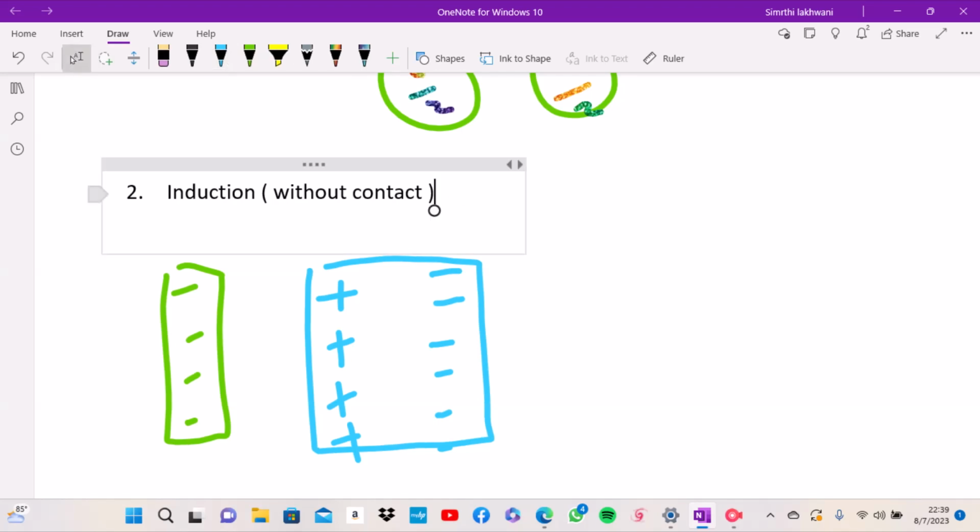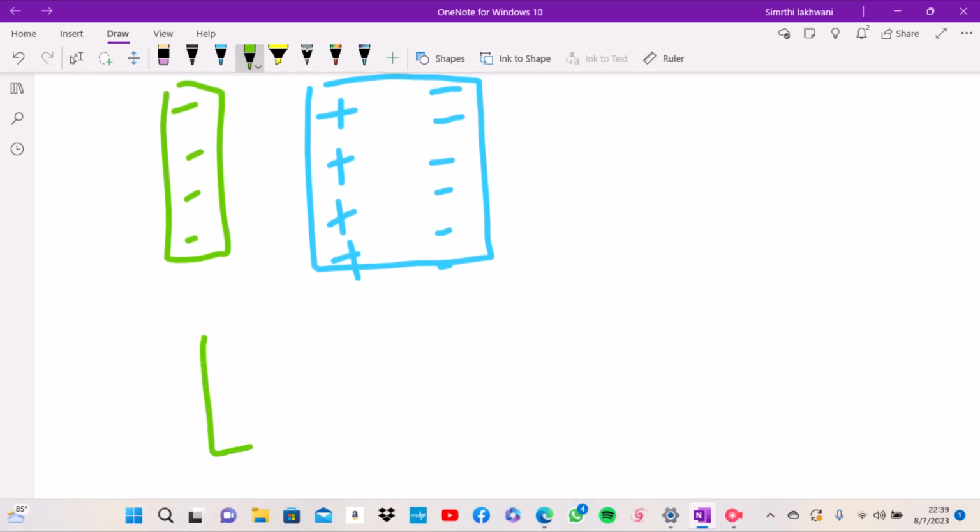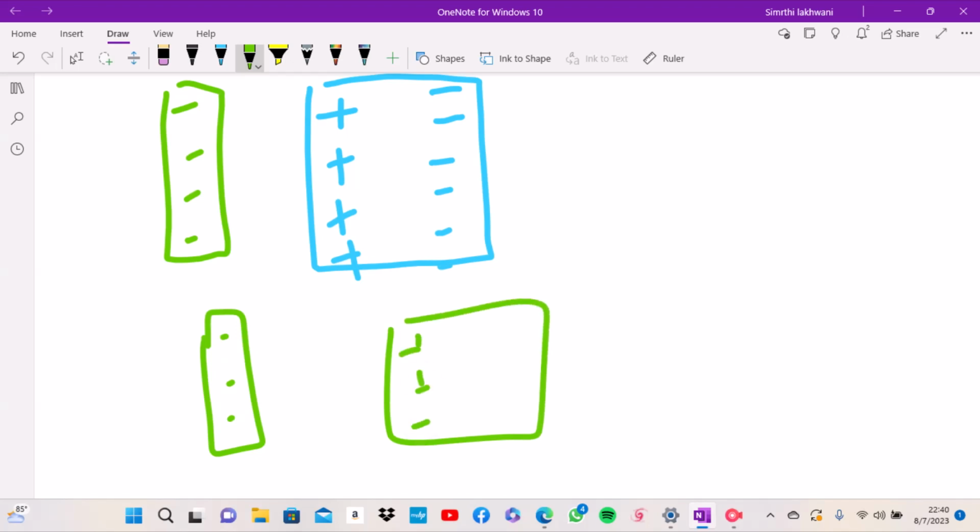These should be conductors. It must be remembered that they should be conductors. Now consider that we are placing another body. This is negative, this is the neutral body, and here we have positive charge.